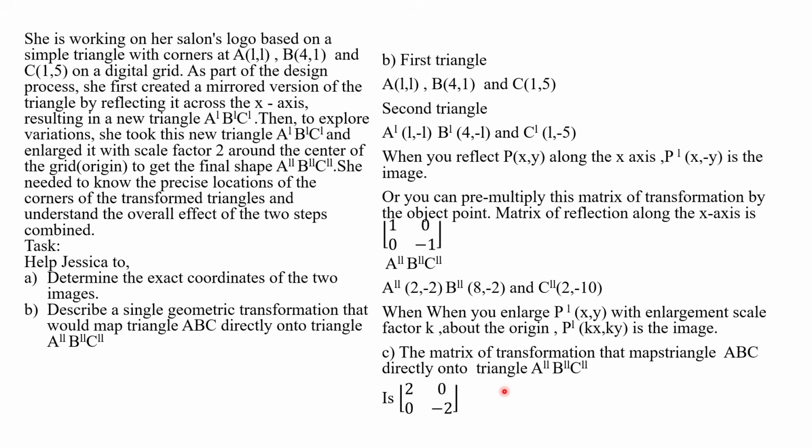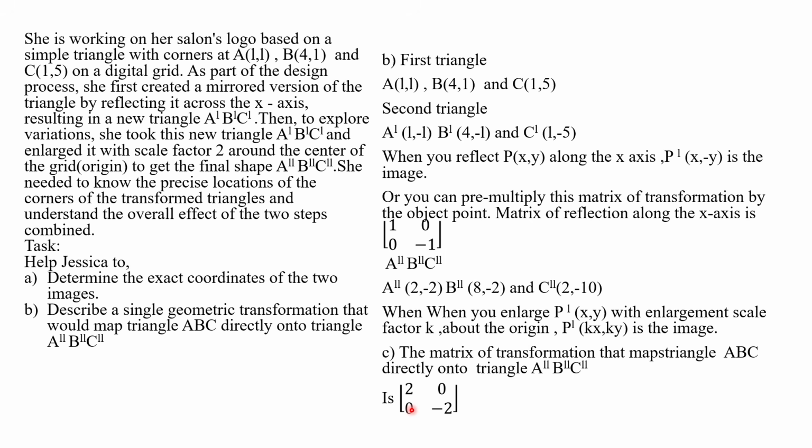And in this, there is something I saw, like enlarging with the scale factor of 2 about the origin. And again, I'm seeing reflection along the x-axis. So I'm seeing enlargement at the same time, but there isn't any single geometric transformation that I'm seeing. I personally see enlargement of a scale factor 2 and at the same time reflection along the x-axis.